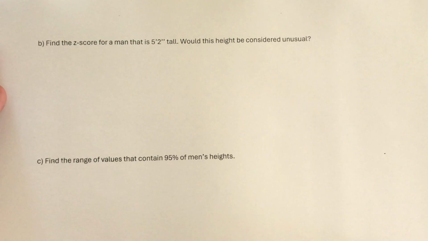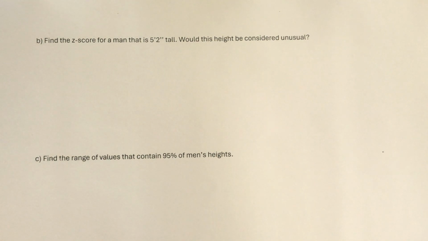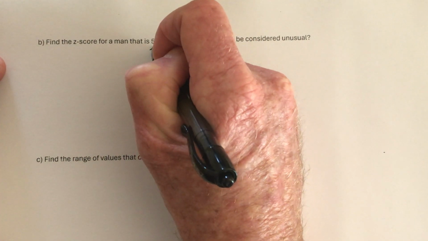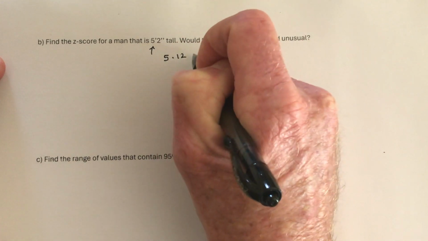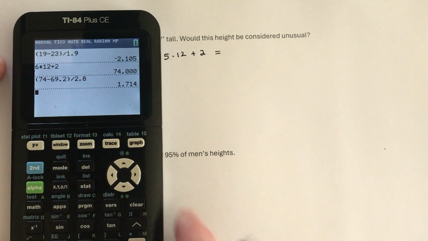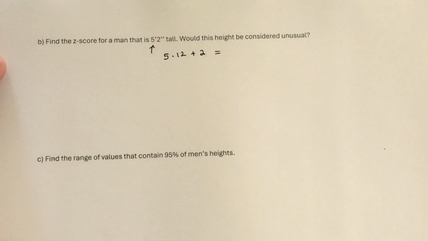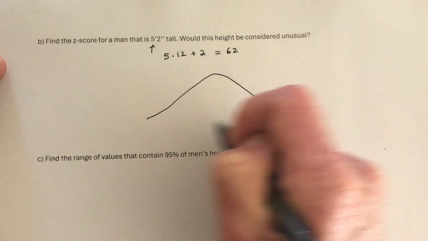Okay, then find the z-score for a man that's 5'2". The last one was 6'2", this one's 5'2". Like with the last one, this is in feet, so I need to go 5 times 12 plus 2, and I believe that's going to equal 62. Let me see. 5 times 12 plus 2 is 62. So the graph would look almost the same.